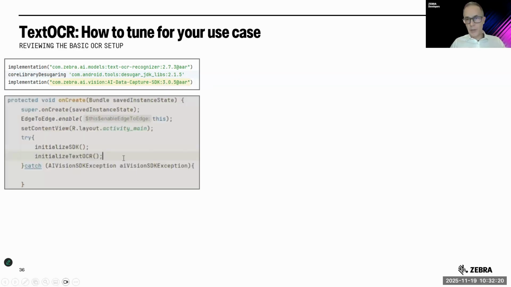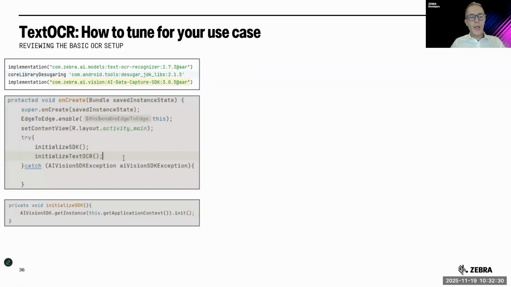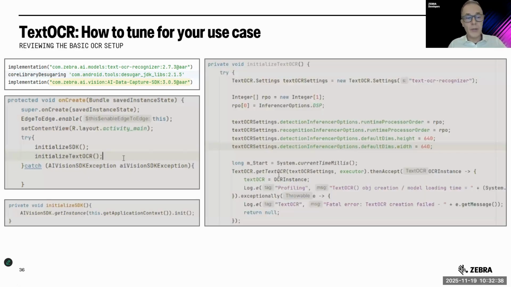Then in the onCreate, or anywhere in the main thread, you have to initialize the SDK and initialize the Text OCR object. To initialize the SDK is pretty straightforward. You just have to call the getInstance and the init method, while to initialize the Text OCR is where the settings come into play.